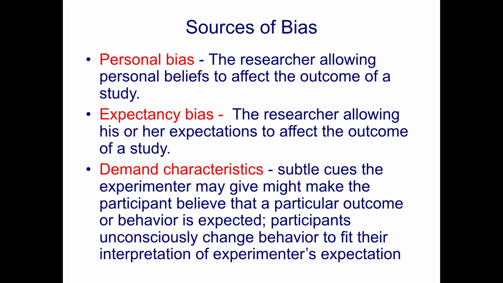Participants will then change their behavior to fit the experimenter's expectation. So how do we control for these types of demand characteristics? How do we prevent experimenters from giving the participants these kinds of cues that let them know how they should be acting because of the fact they're in either the control condition or the experimental condition?